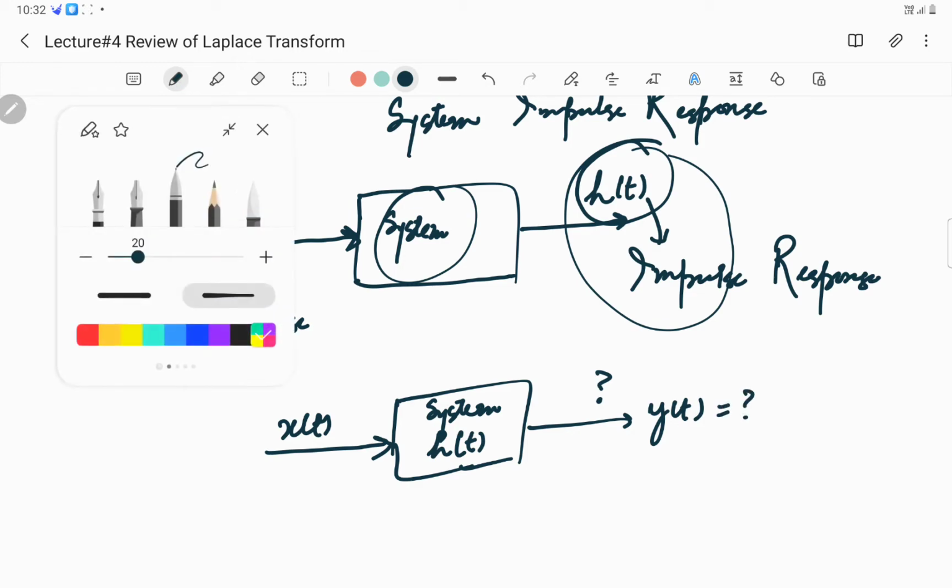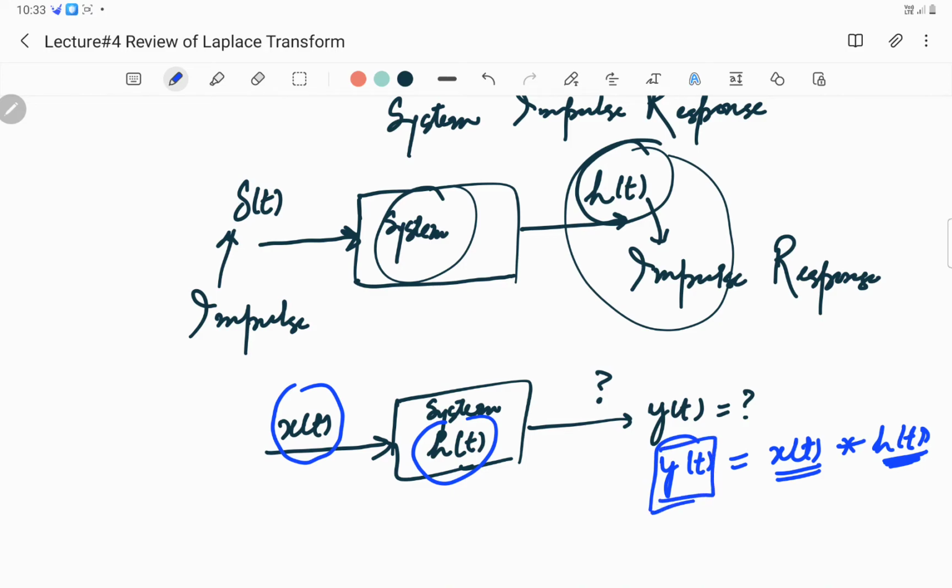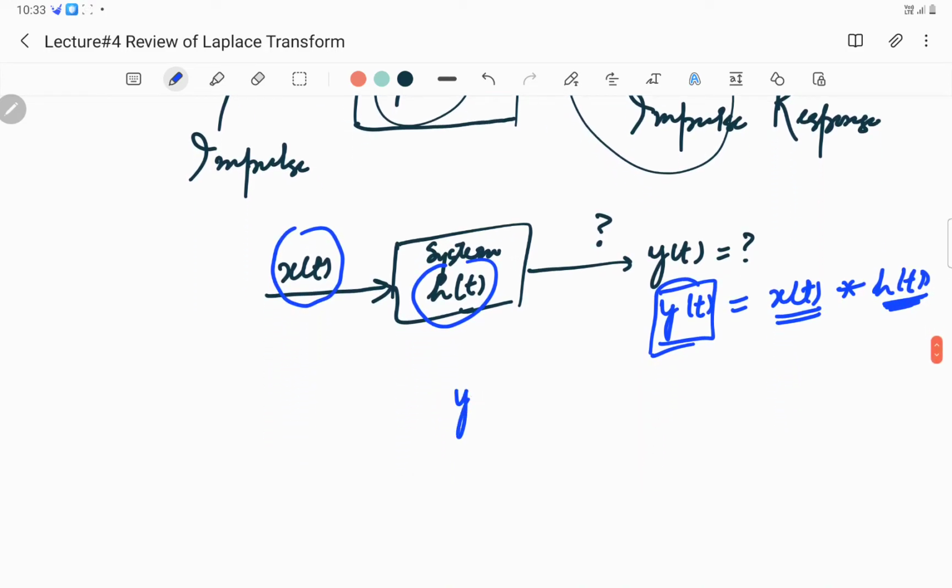So y(t) in this case is simply the convolution of x(t) and h(t). That is, y(t) is x(t) convolved, which we represent by this asterisk sign, with h(t). So if we know the system impulse response, and we know the input, we can obtain the output by using this equation. Again, output is nothing but the convolution of the input signal and the system impulse response.